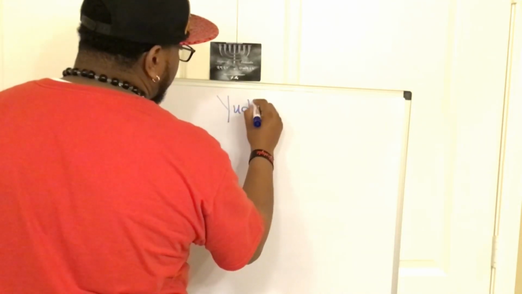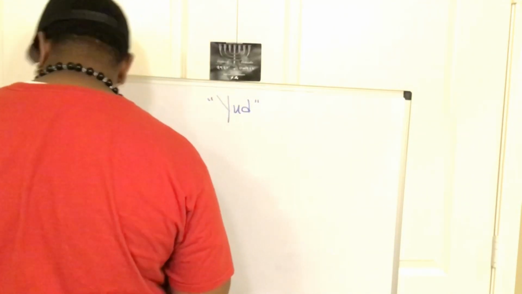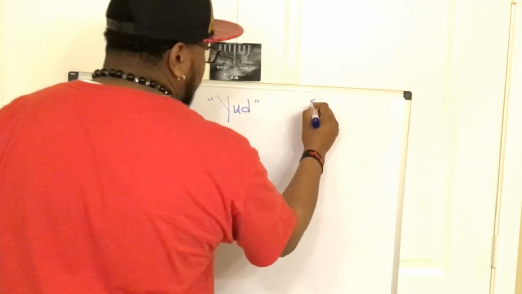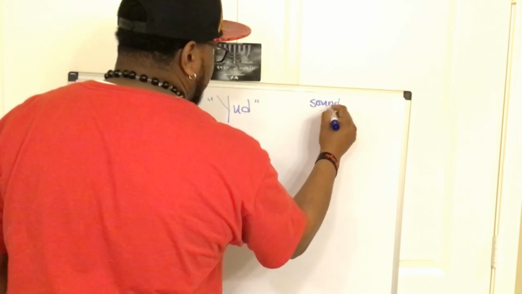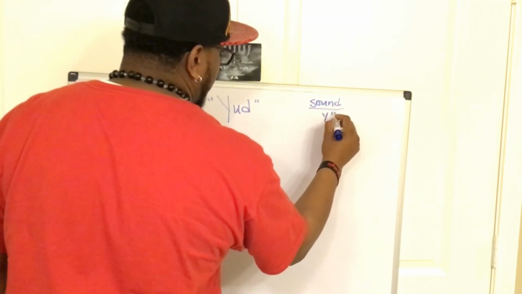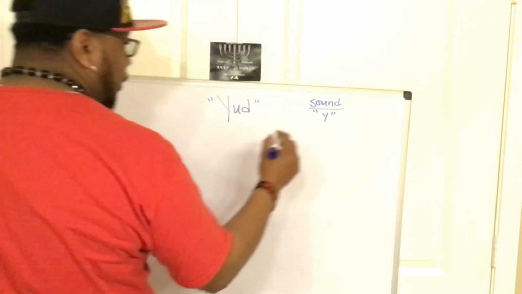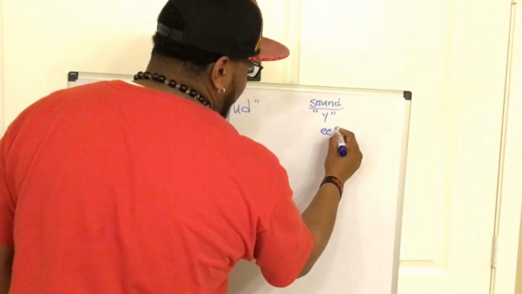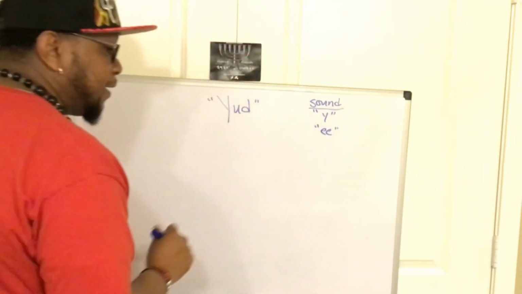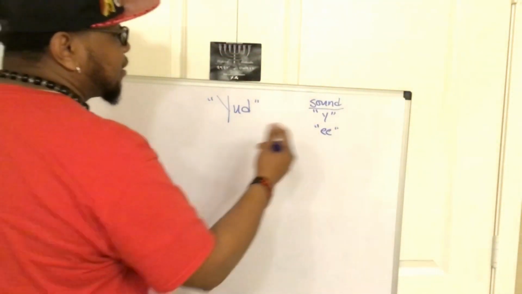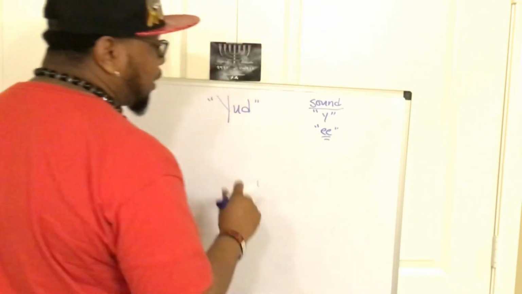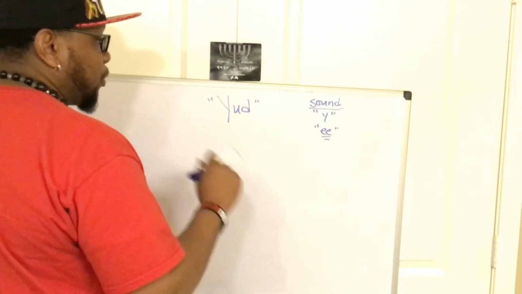Now, going to the Yud. In the modern they say Yod. The sound, yeah, a wide sound. You can also have a double E sound, even though there's no E in the Ibrit. We're doing this in order for you to understand that long E, that double E sound.